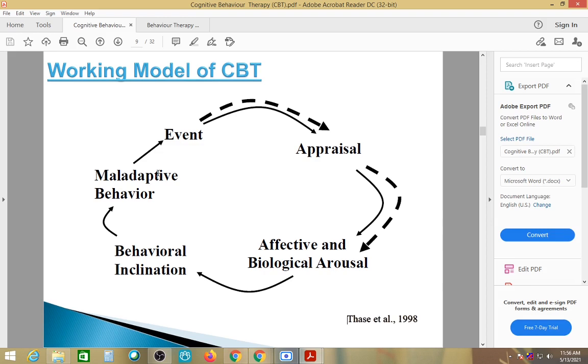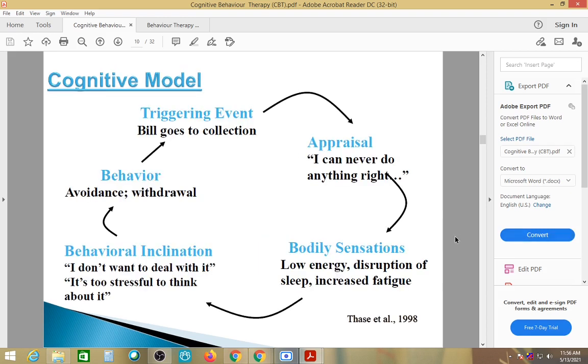Let's see, we will understand. In how this cognition works, let's take an example: Bill goes to collection. Appraisal: I can never do anything right. Already he's thinking, let's take the event, already he thinks he can never do anything right. Because he thinks so, what is his body response?